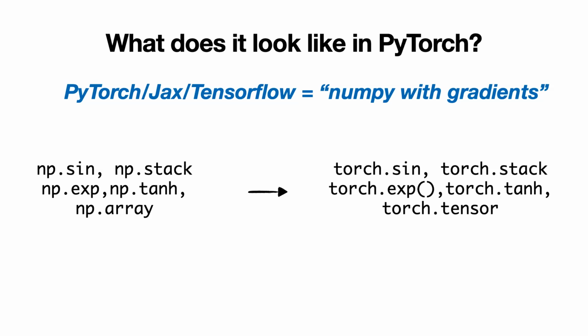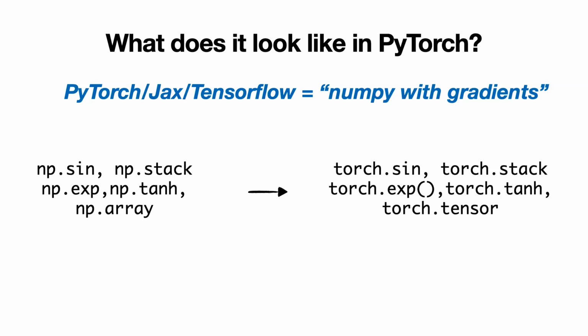But basically, the way you can think of how these differentiable programming languages are designed is that they're basically NumPy with gradients. So if you can write your program in NumPy using array programming, using things like the trigonometric functions, exponentials, tangent hyperbolicals, whatever, arrays, and column stack, and all these different things, basically all of these functions usually also exist on the machine learning framework side as a differentiable programming language.